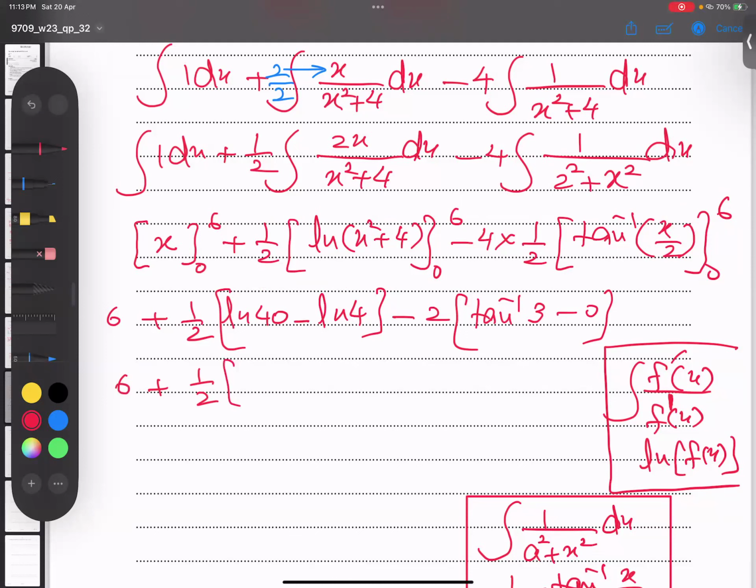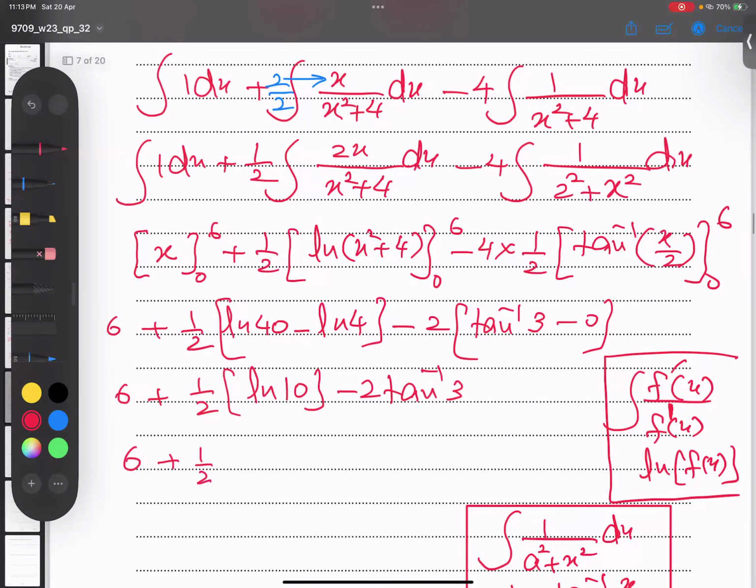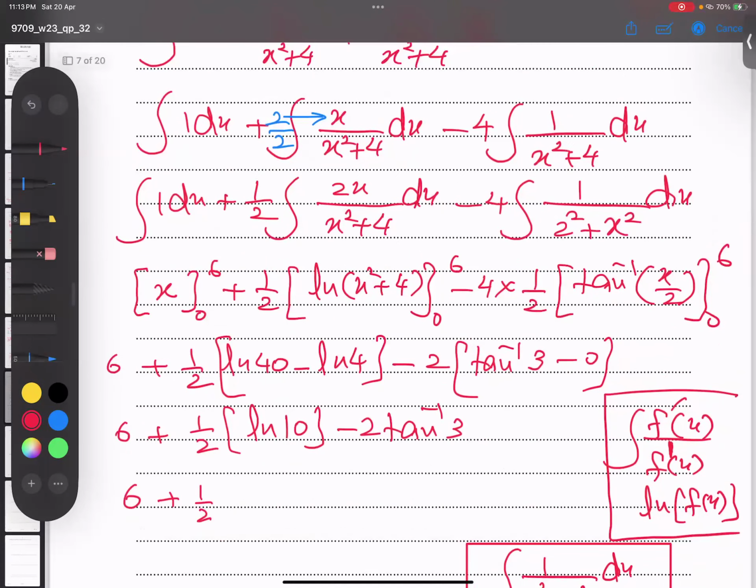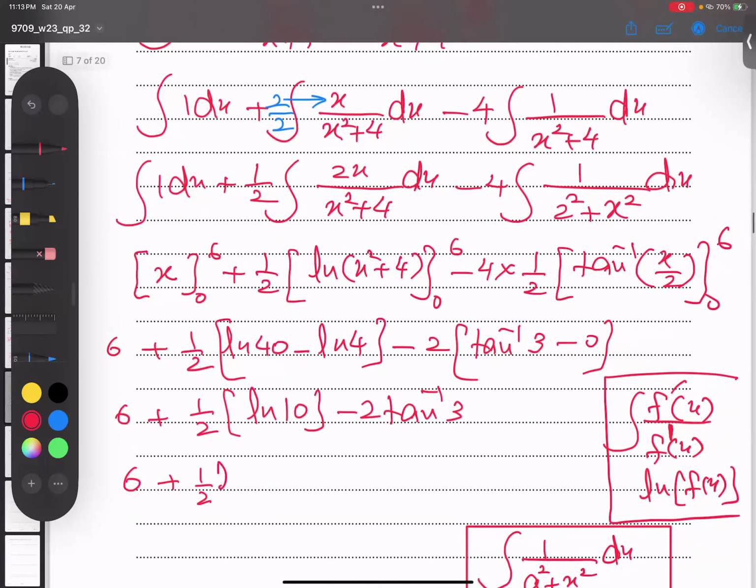Logarithm of 40 over 4, 40 up, 4 down, I get 10. Tan inverse of 3. And now after this, what I can write here, this 2, we can say half of a logarithm 10. I think we are done. If any issue is there, I will check later on.